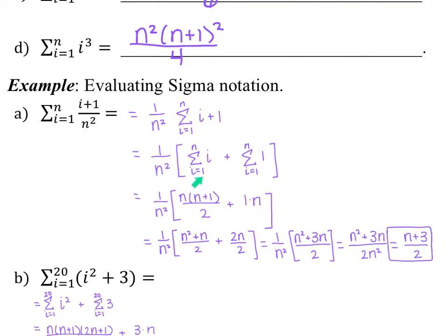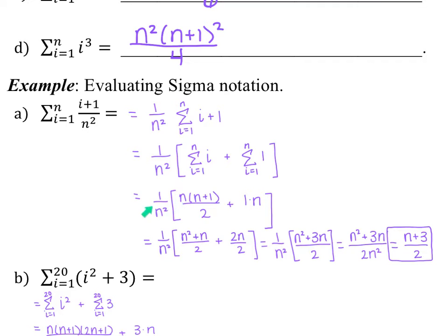Using our second property where we can separate them, it helps us break it down so we're not overwhelmed with what to do with this i plus 1. We can focus on just i and then just 1. So using your formulas, the summation of i is n times n plus 1 over 2. And when it's a constant, like a 1, you just do 1 times n.